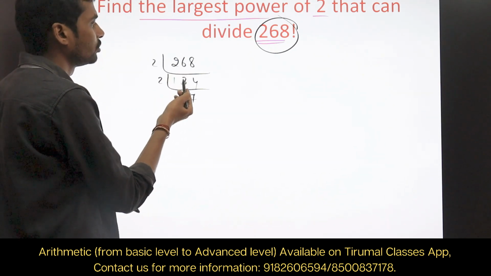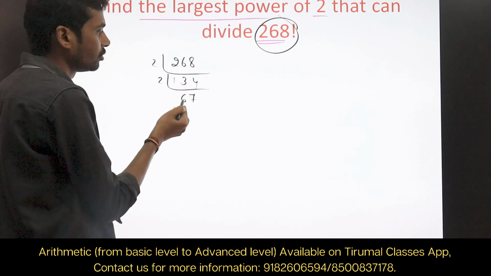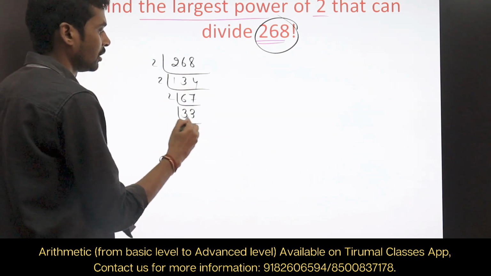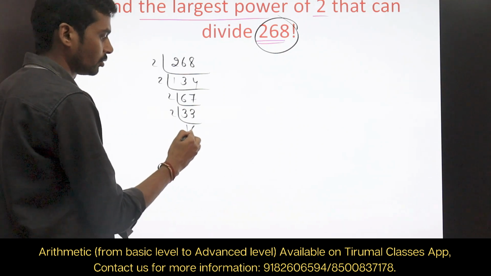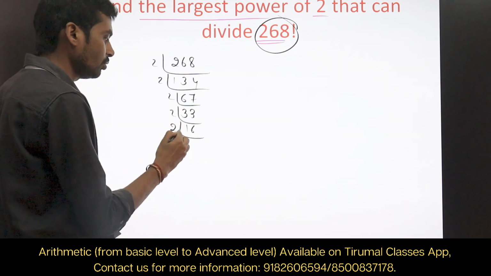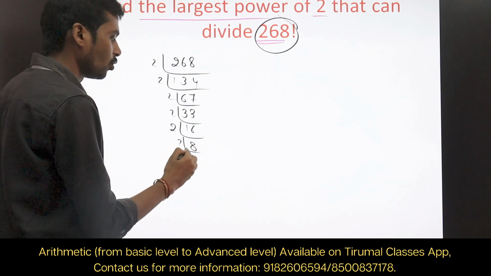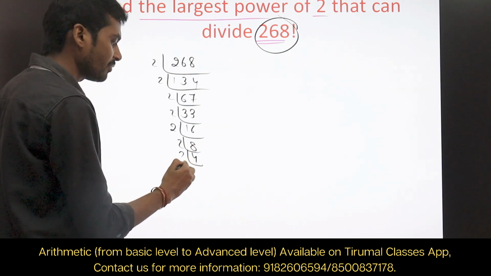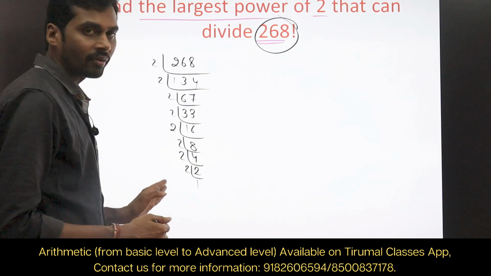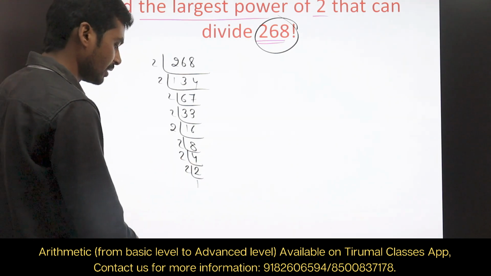So 2 1s are 2, 2 6s are 12, 2 16s are 32. Next divide 16 with 2, 2 8s are 16 and 2 4s are 8. 4 divided with 2, 2 2s are 4 and 2 1s are 2. Further you can't divide 1 with 2, so you can stop there.